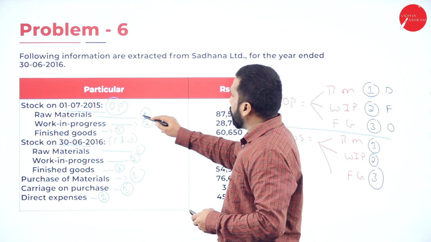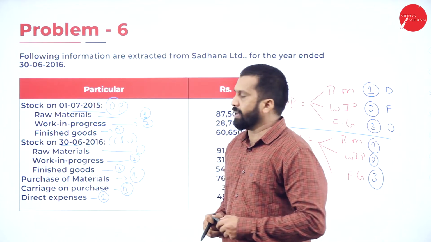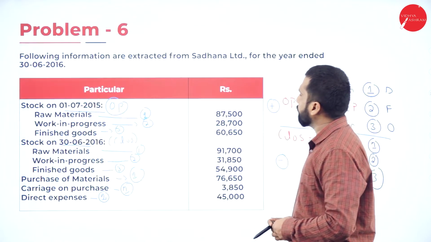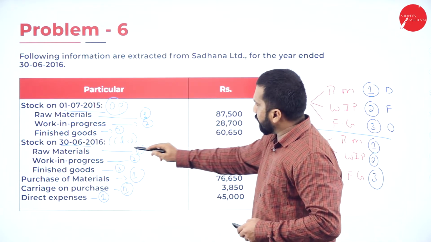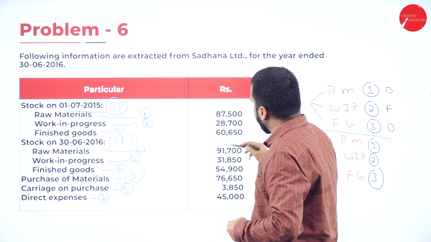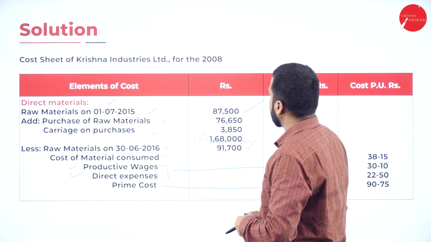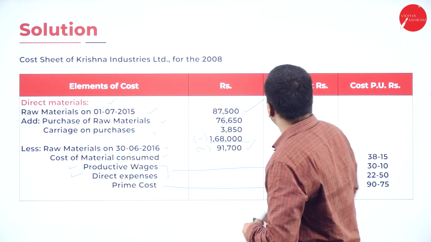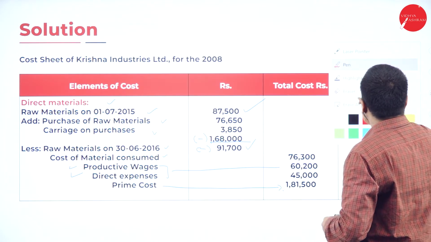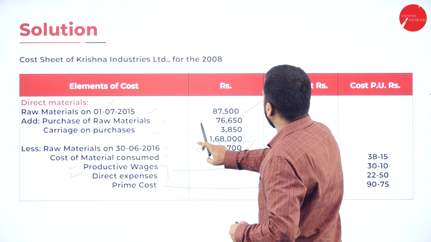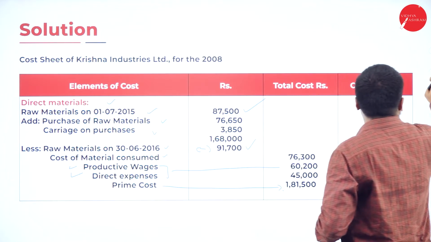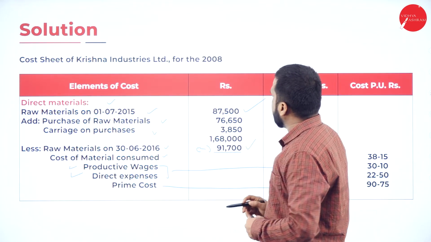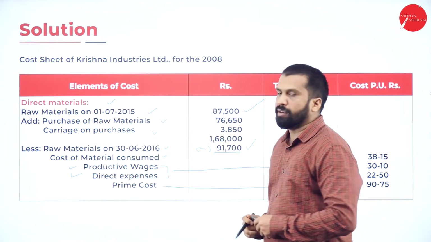Where is opening raw material? 87,500. Then closing raw material 91,700. Closing raw material is this one, not this one. So we got opening and we got closing.